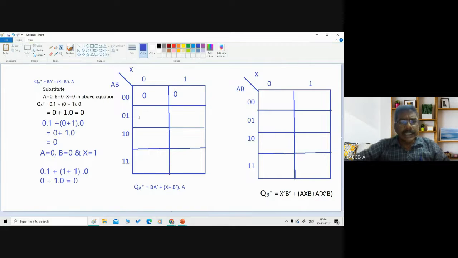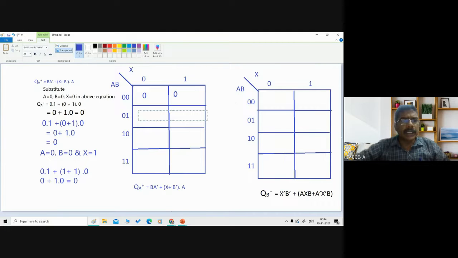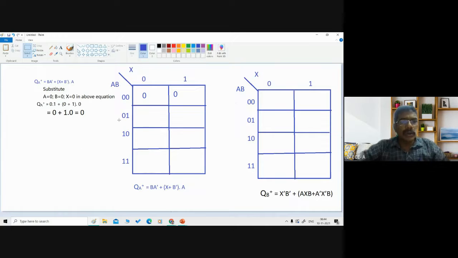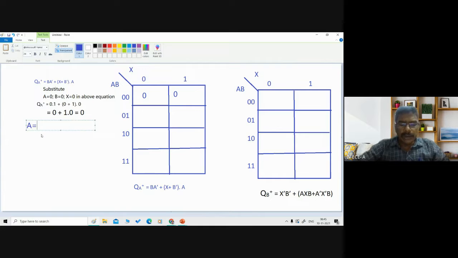For the third case, A equal to 0, B equal to 1, and X equal to 0. So you have to substitute.